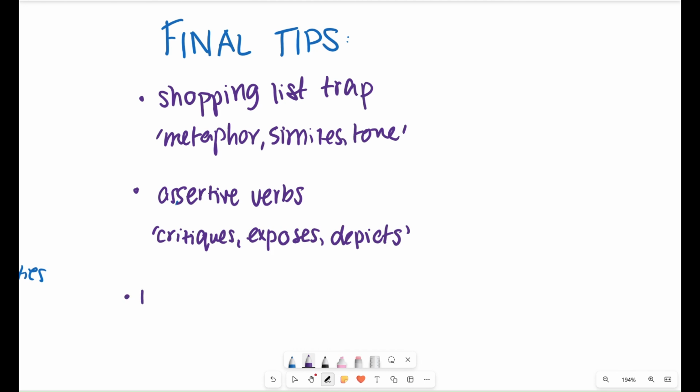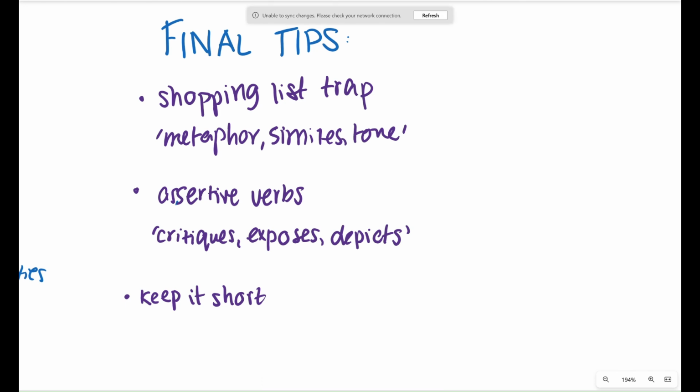And the next thing I want to say is keep it short. Genuinely, your thesis statement does not have to be a whole paragraph long. Even in my best essays, my thesis statements have been like one sentence, two sentences max. So keep it short. Make sure you're not waffling for too long.